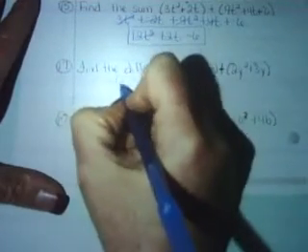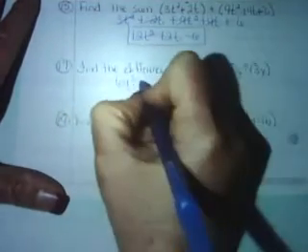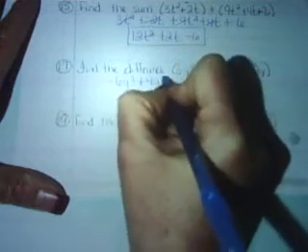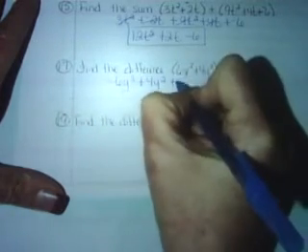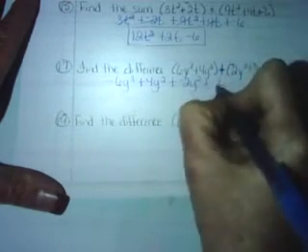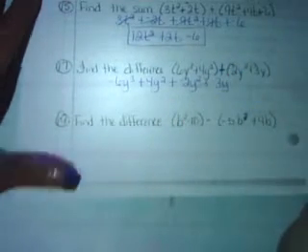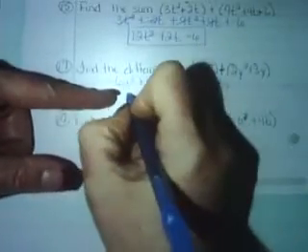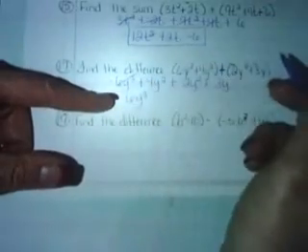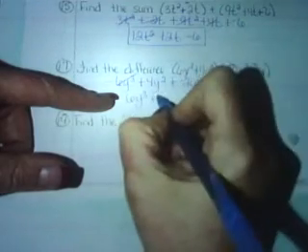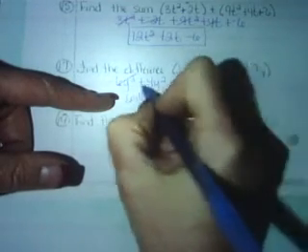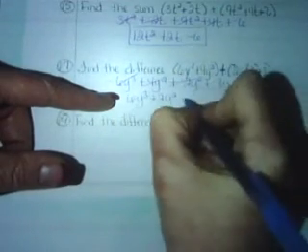Okay, so I'm going to have 6y cubed plus 4y squared plus negative 2y squared plus negative 3y. I don't have any other cubes, so it's 6y cubed plus 2y squared minus 3y.